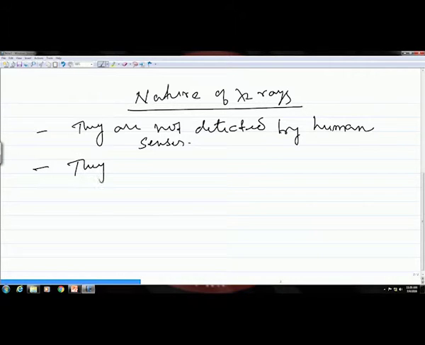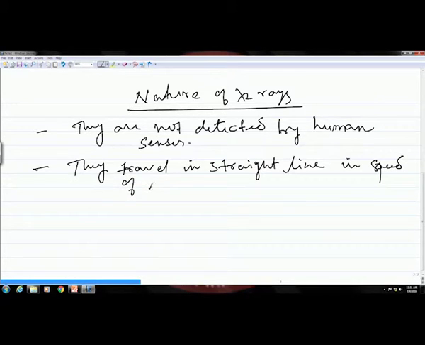Then they travel in a straight line with the speed of light, and their path cannot be changed by electrical or magnetic field.